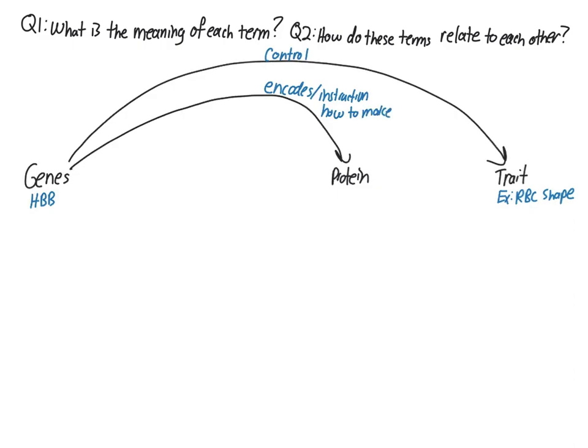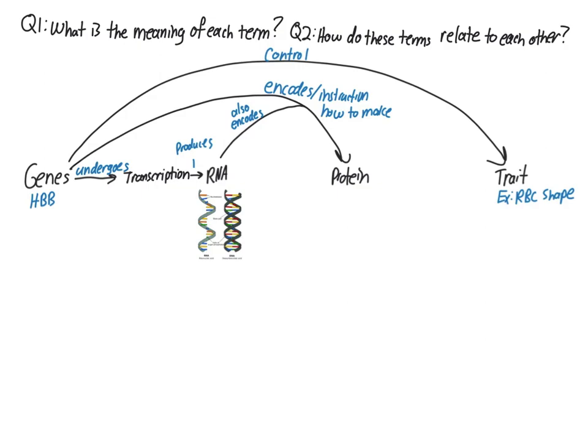Now, the first step on the way to protein production is when our HBB gene undergoes transcription, producing an RNA molecule, which is similar to DNA, and the RNA copy of DNA also has the same instructions that the DNA has for how to make or encode a protein.